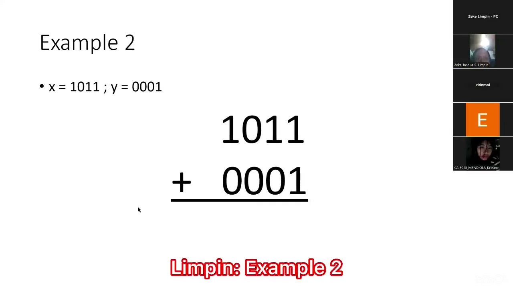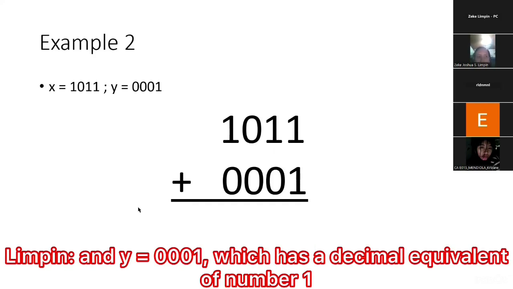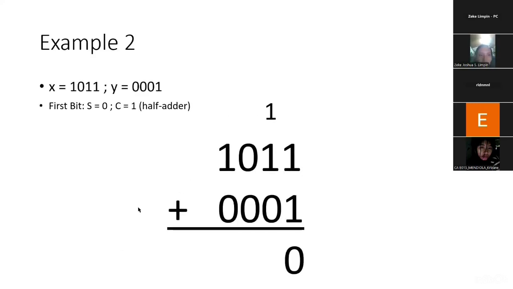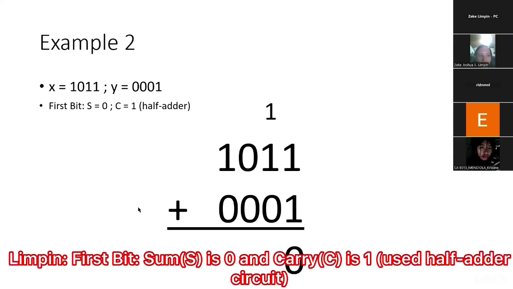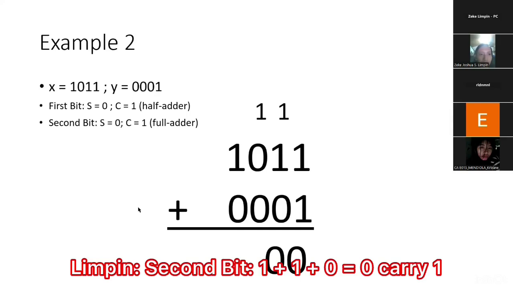Example 2. X is equal to 1011, which has a decimal number of 11, and y is equal to 0001, which has a decimal number of 1. 1 plus 1 is equal to 0, carry out 1. First bit, sum is equal to 0, carry is equal to 1, half adder. Next is 1 plus 1 plus 0 is equal to 0, carry out 1.